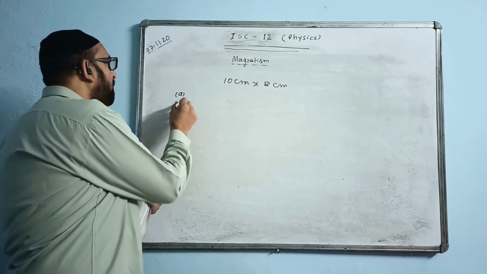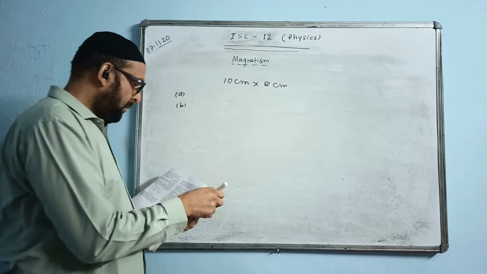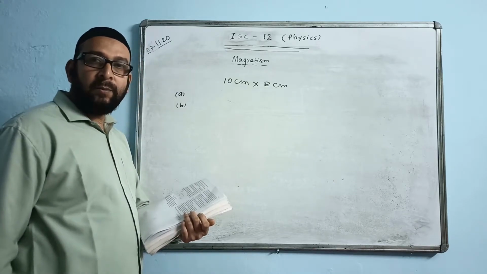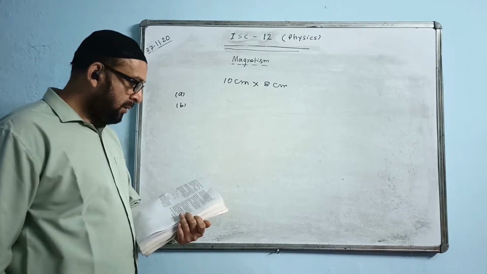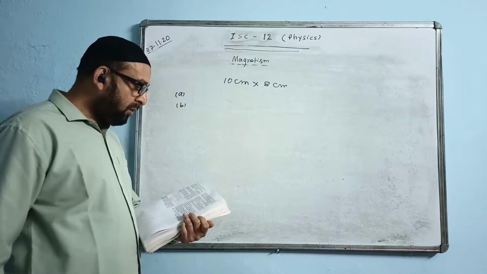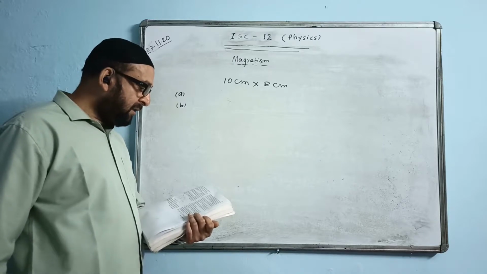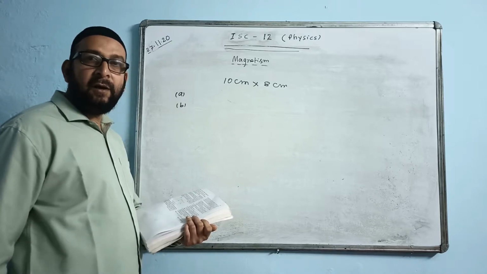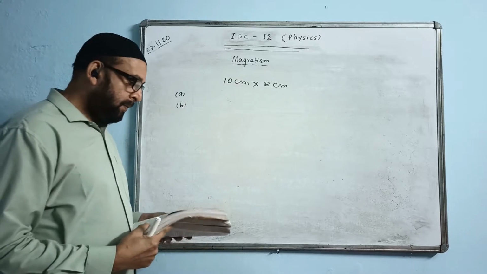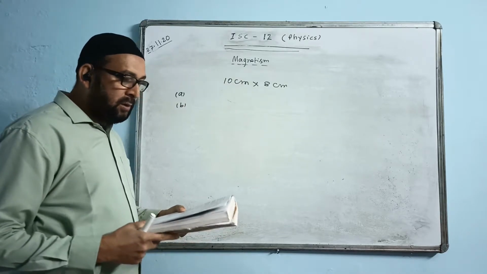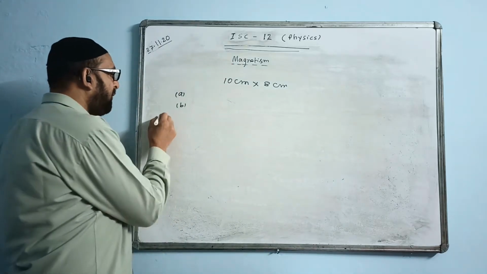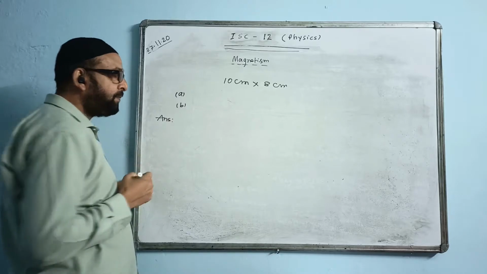And the second part B, in what position would the torque be one half as great as in A? First part. Okay, now we are finding the answer for this question.